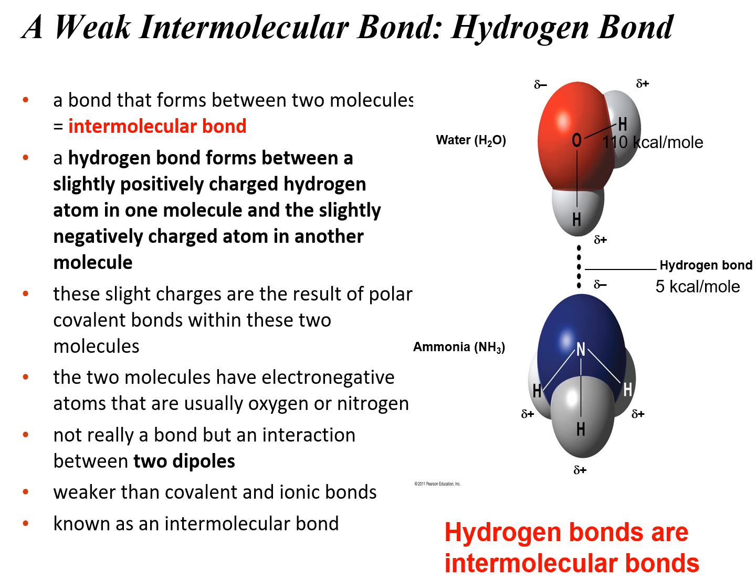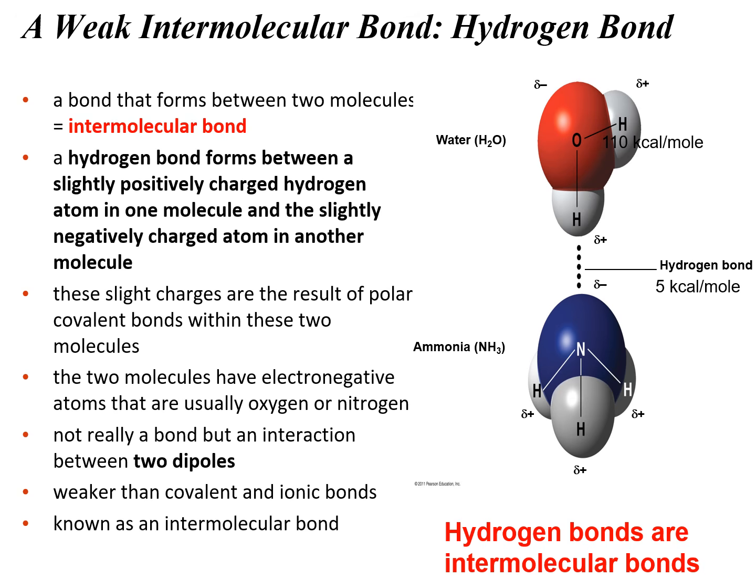A hydrogen bond forms when a hydrogen atom, which is covalently bonded to one electronegative atom in one molecule, is attracted to the electronegative atom in another molecule. Now, this is because the electronegative molecule that has the hydrogen has a slight positive charge. And the slightly positively charged hydrogen is going to be attracted to the slightly negative electronegative atom in the adjacent molecule.